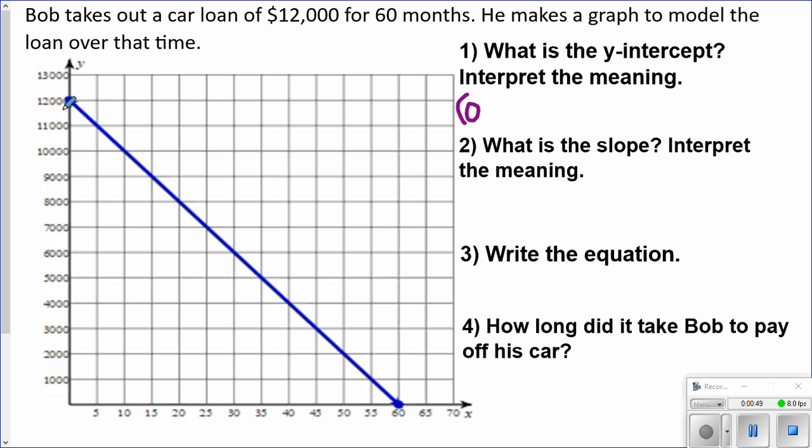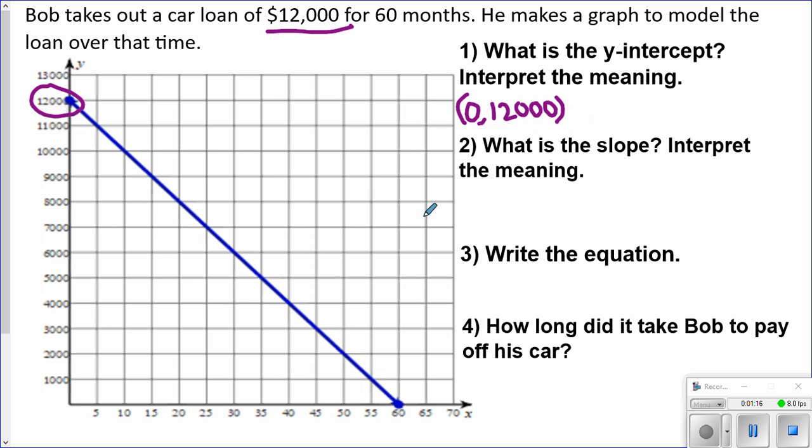So it's (0, what's our starting amount?). It's right here. It's this 12,000. Interpret the meaning. That's the starting amount of the car loan. That's the cost of the car.